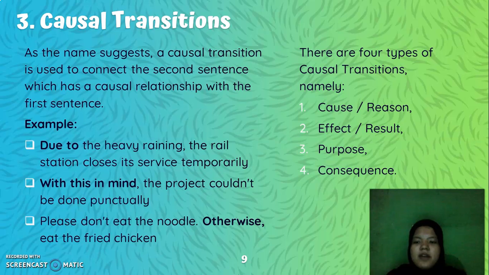Example sentence. First, due to the heavy raining, the railway station closes its service temporarily. 2. With this in mind, the project couldn't be done punctually. 3. Please don't eat the noodle, otherwise eat the fried chicken.